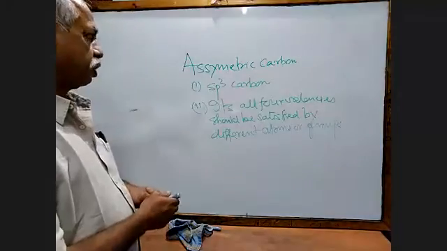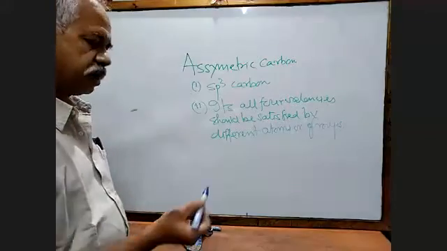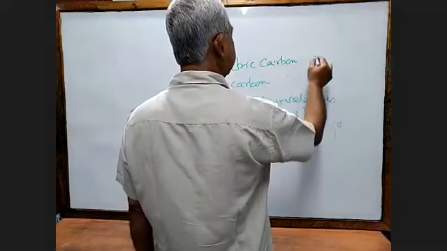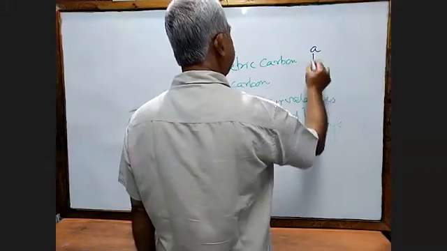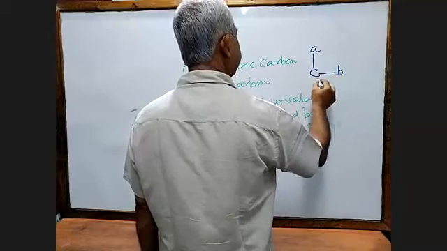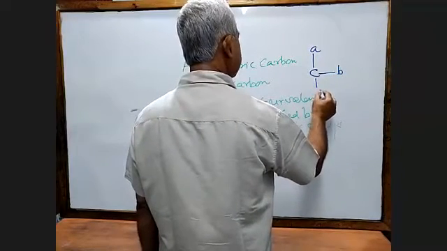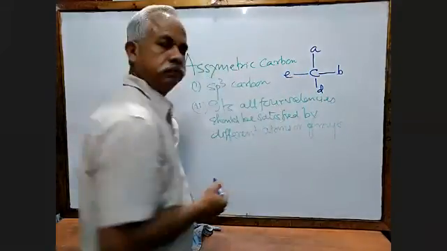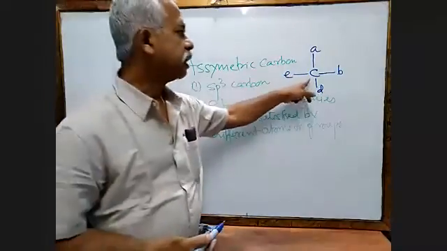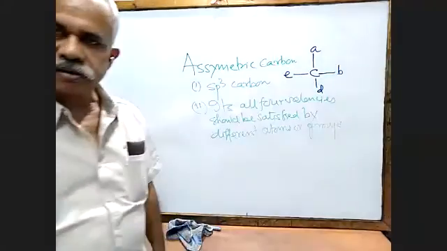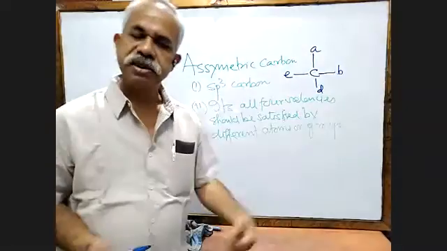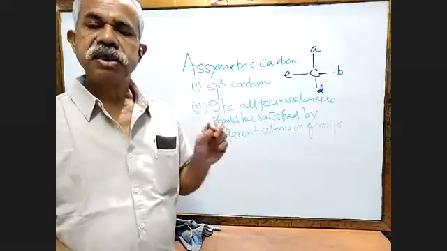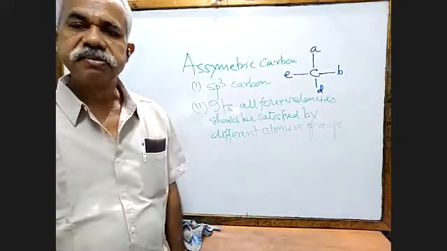So how can I draw an asymmetric carbon atom? Here, this is capital C, this is small a, this is small b. I will not put c here because you may have confusion, so d and e. This carbon is sp3, because in an organic molecule you can have sp3 carbon, sp2 carbon and sp carbon. Please remember, sp2 and sp carbon will never be asymmetric.